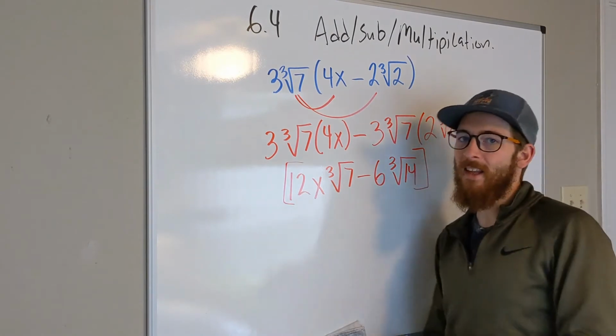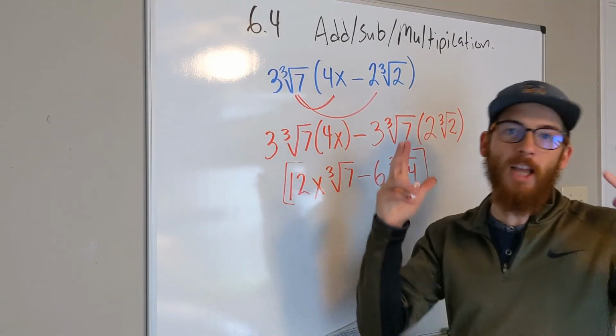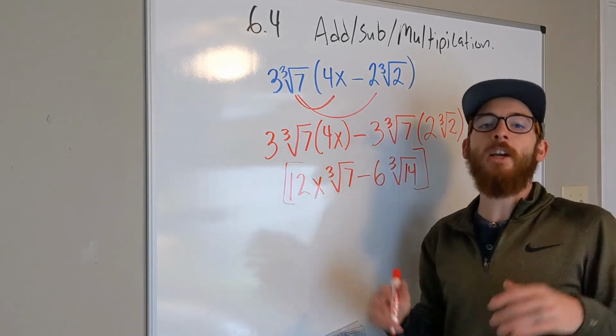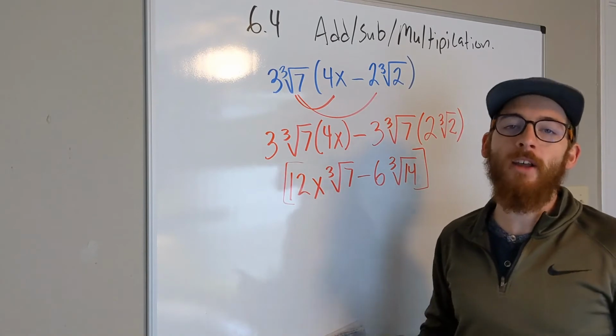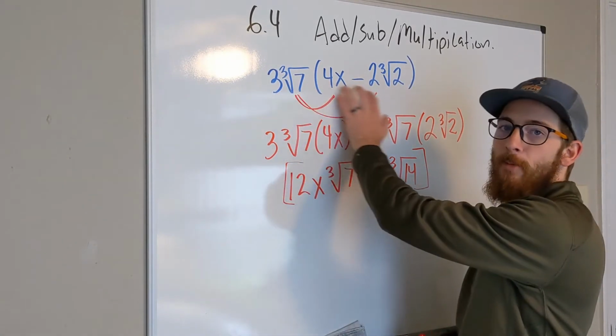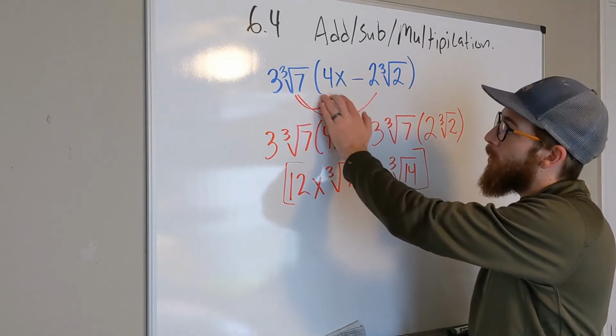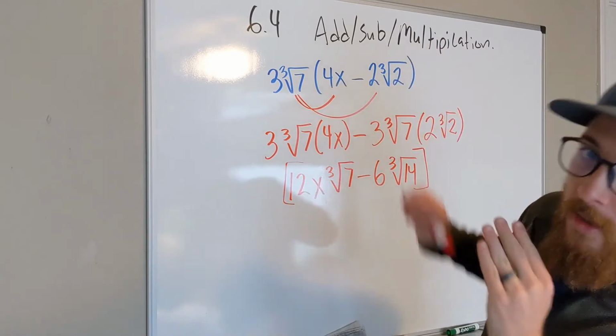So once again, don't let your brain go into overload mode where you're like, I see so many things all at once. Take a deep breath. Do the things that you know how to do step by step. We all know if we see something outside of parentheses, we can distribute it unless there's an exponent up here, right? Yeah.